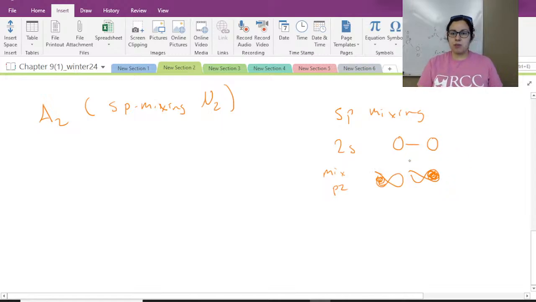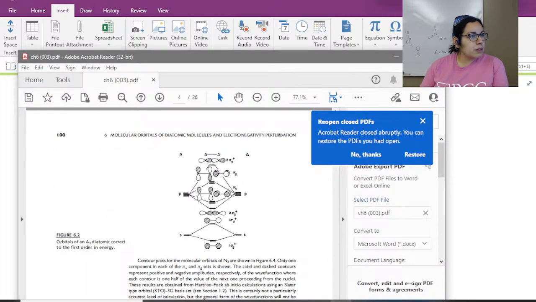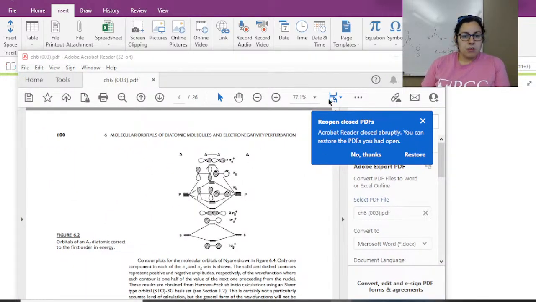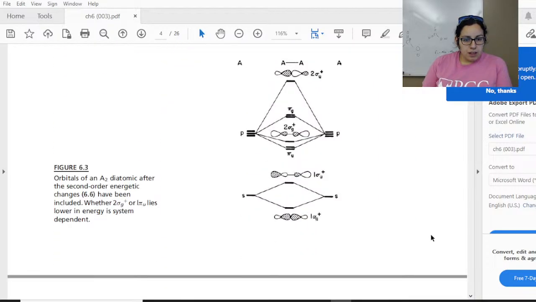This also helps figure out what orbitals can actually bond and interact. Does it even make sense? Can you look at it and see, oh, they kind of line up. I'm going to post this later. I just wanted to show you this book that I'll post a chapter from.